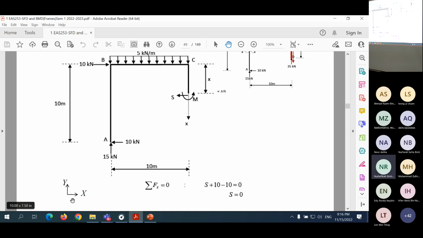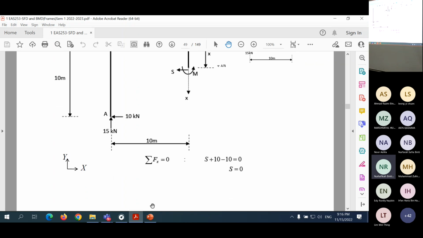In this case, it is the summation of forces in the x direction. So S plus 10 here, minus 10, another 10 here. So S becomes 0. S becomes 0 means in that member there is no shear force.